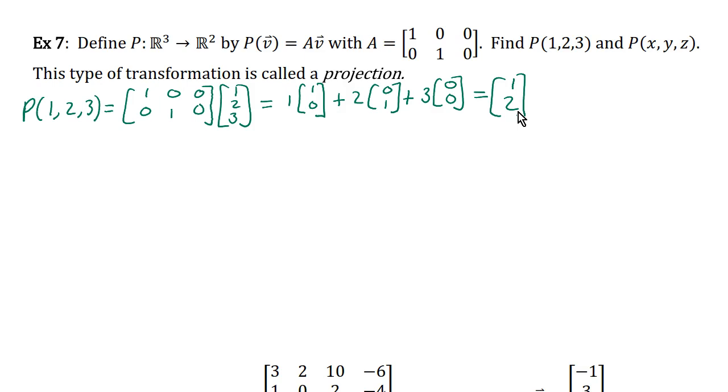Okay. So what it did with 1, 2, 3 is it gave you an R2 vector which just didn't have the third component in it anymore. Let's do the same thing with x, y, z.